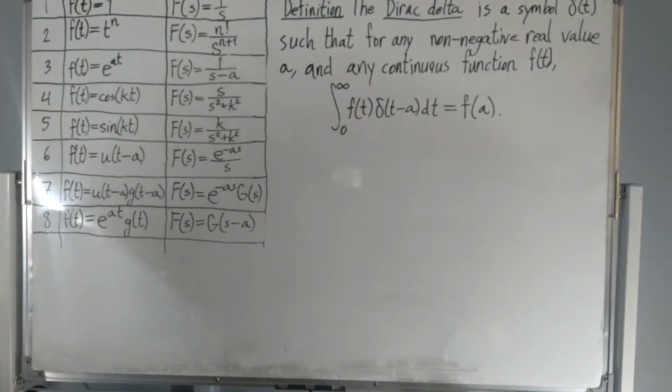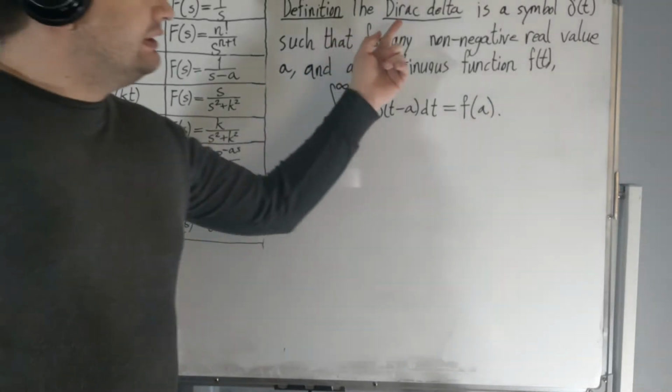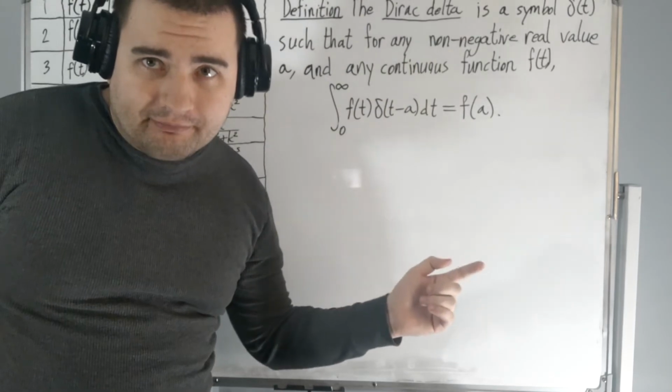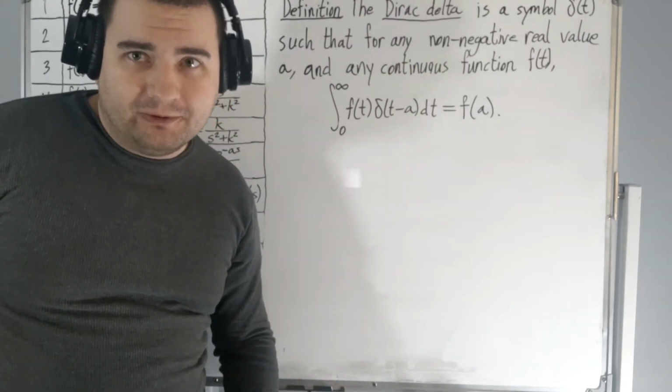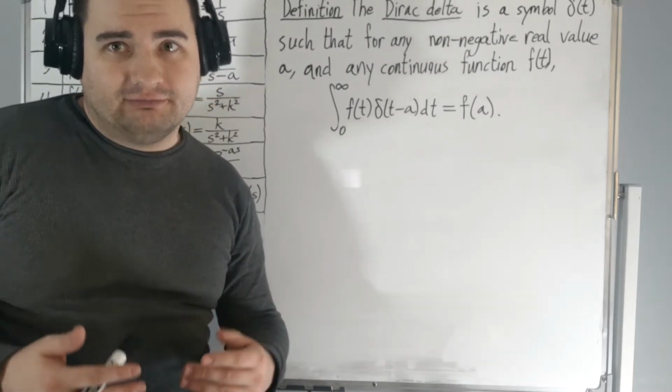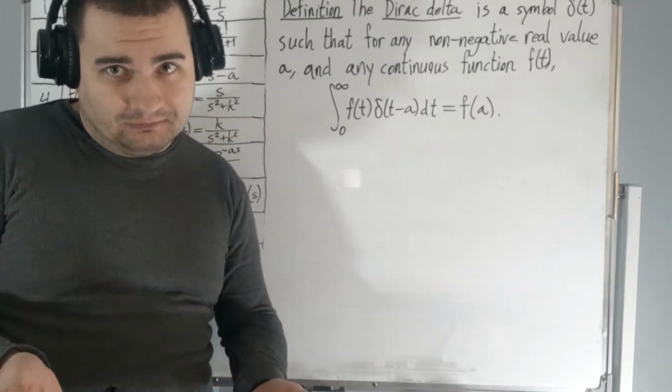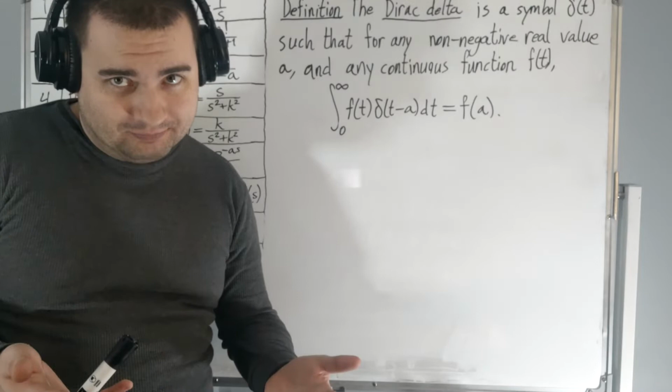This is called the sifting property of the Dirac delta. By the way, some people call this the Dirac delta function, which is a very bad term for it, because, as I said, it's not a function. It's a thing.